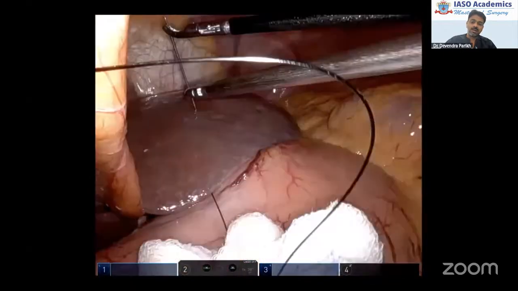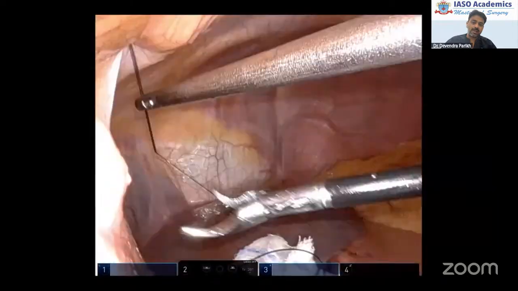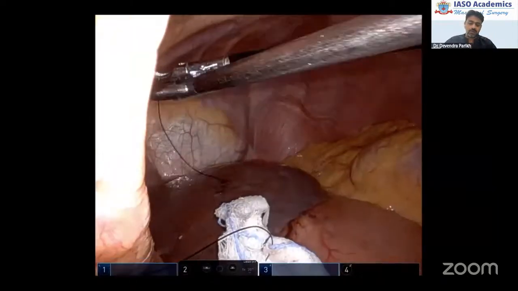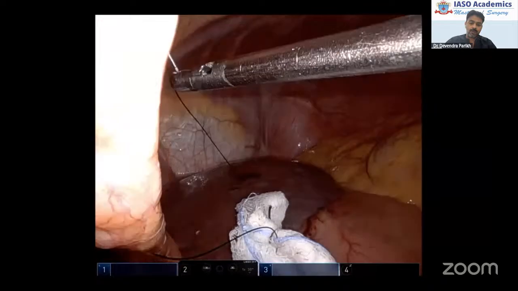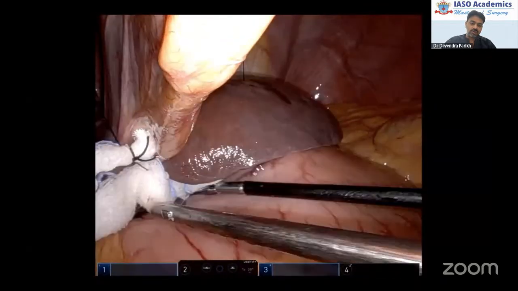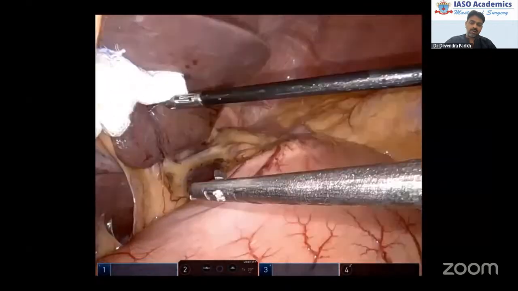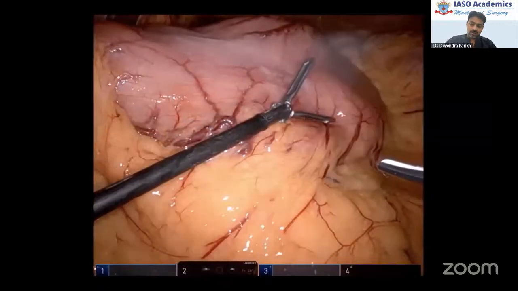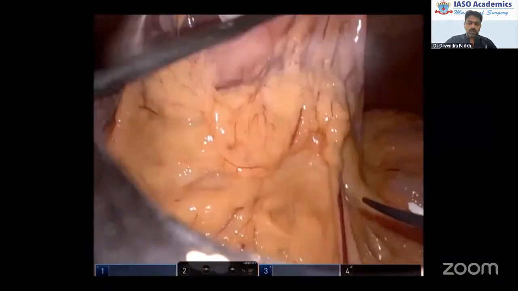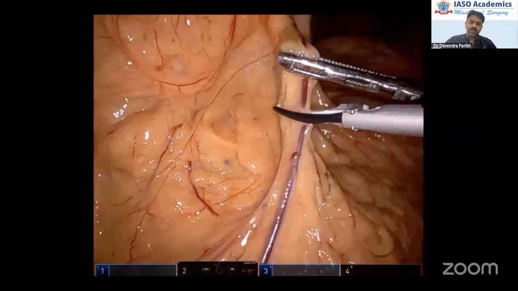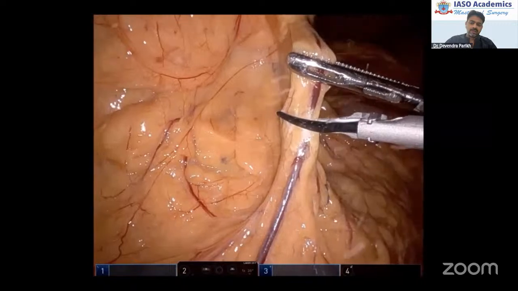We pass an Echelon 20 straight needle from the right of the falciform and then take it through the gauze piece and then from the left lobe parenchyma. And throughout the procedure, it gives such stable retraction that entire procedure can be done without any inconvenience.